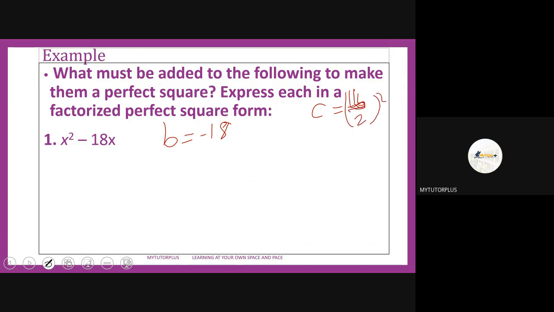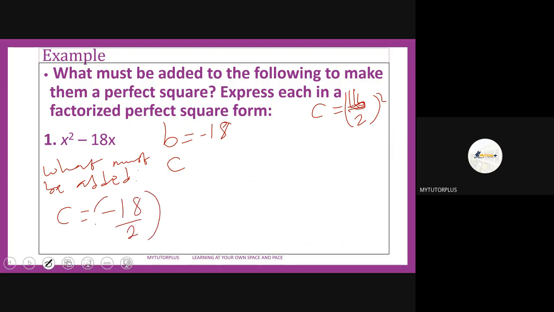So what must be added, as mentioned in the question, which is c, will equal minus 18 divided by 2, all in bracket square. That will give me minus 9, all in bracket square.